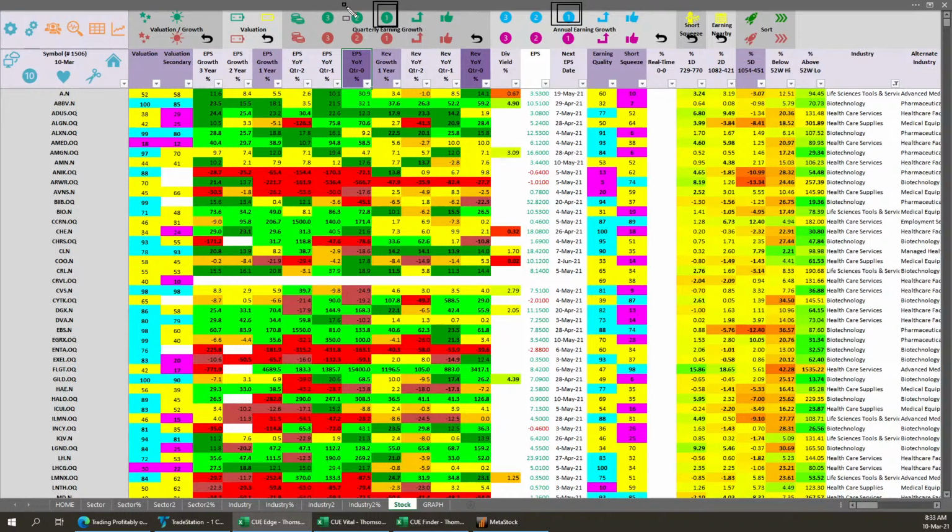If I wanted earnings growth in 2 successive quarters, I could use the 2 button. If I wanted earnings growth in 3 successive quarters, I could use the number 3 button. And if I wanted 4 quarters, that would be equivalent to 1 year, then I could use the yearly earnings growth high button.